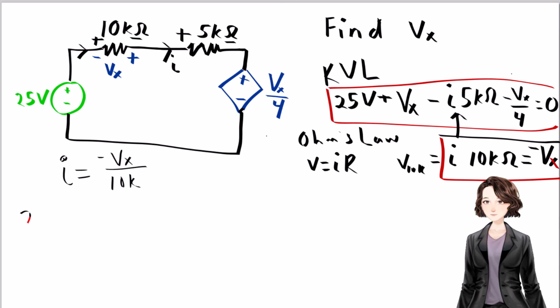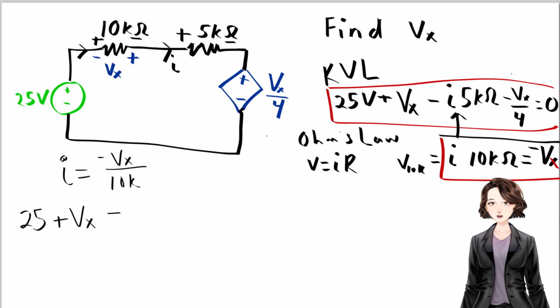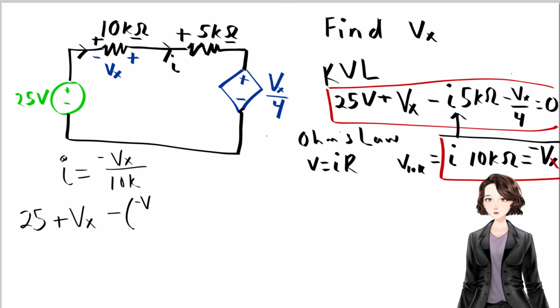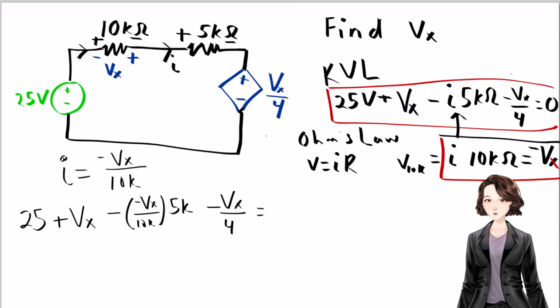So we're going to write 25, again dropping units, plus Vx minus, so now we have the I, so a negative Vx over 10k times 5k. Then we have minus Vx over 4, and all that is all going to equal to 0.